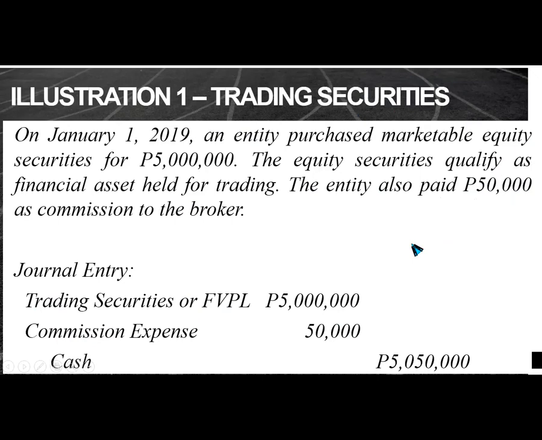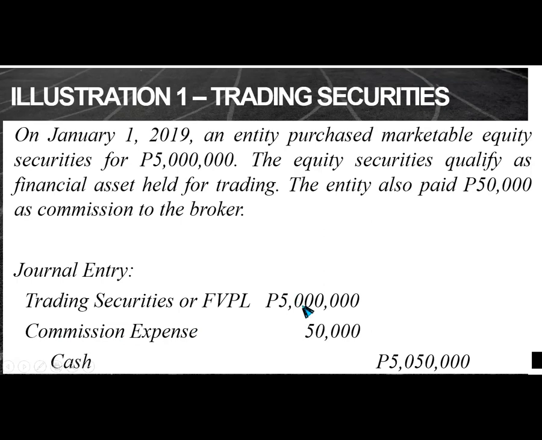Since this particular security here is classified as held for trading, dapat i-measure or i-classify natin siya as financial asset at fair value through profit or loss. And kung babalikan natin yung concept, sabi doon, kapag FVPL, ang transaction cost natin ay dapat i-expense outright natin. So ito yung ginawa natin.